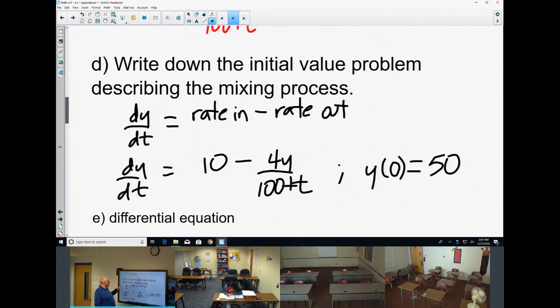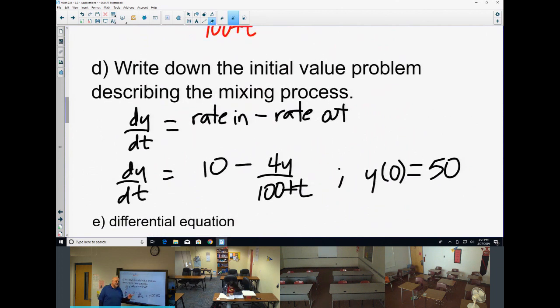Okay, so now, do you remember, see if you can write this differential equation in standard form.